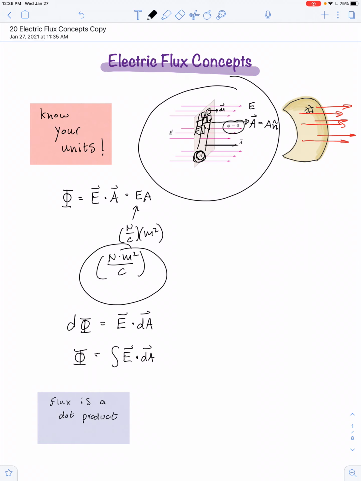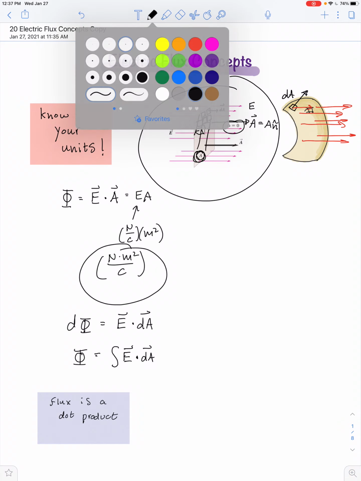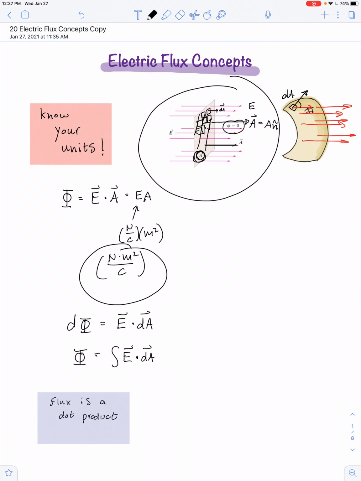That's because the angle isn't 0 degrees for every little bit of the area. Here, the little bit of area vector points up and to the right, but the electric field that passes through that little portion points directly to the right. Because it's a dot product, and there's some angle theta, the flux through the top and bottom isn't as great as the amount of flux through the middle.